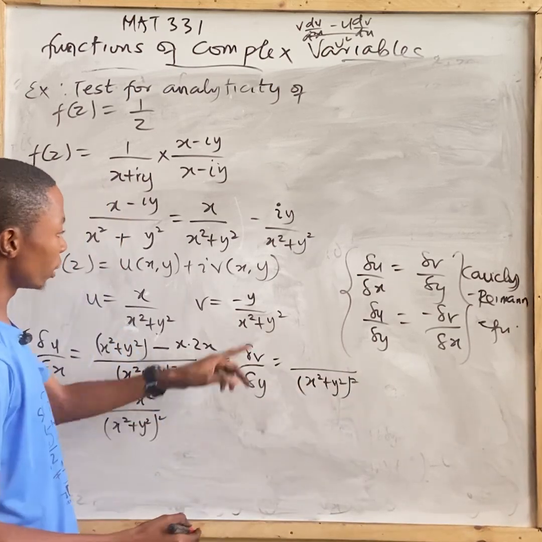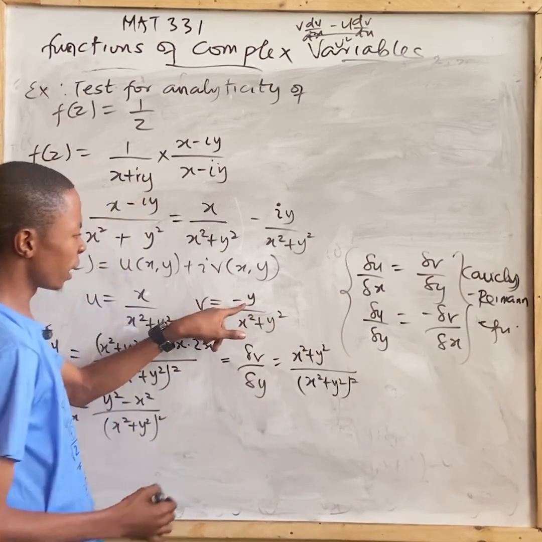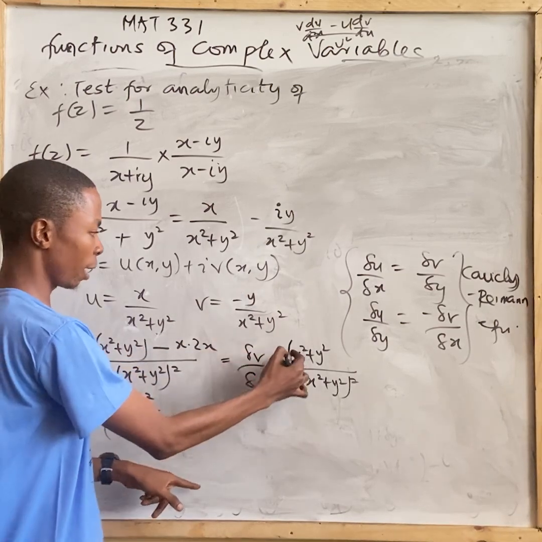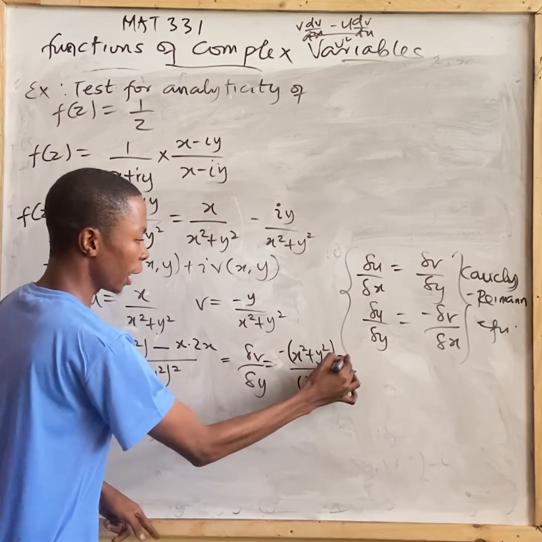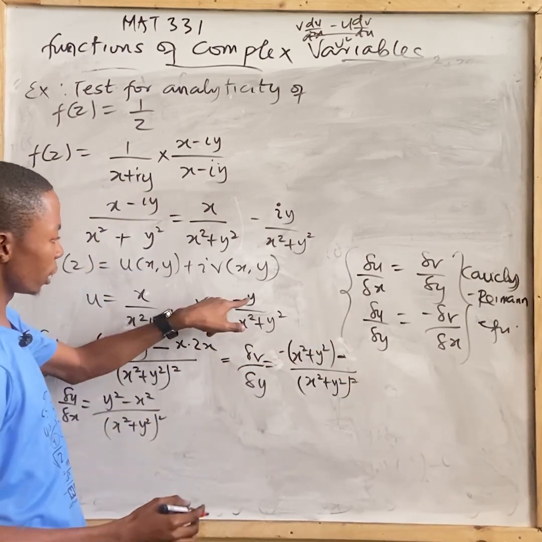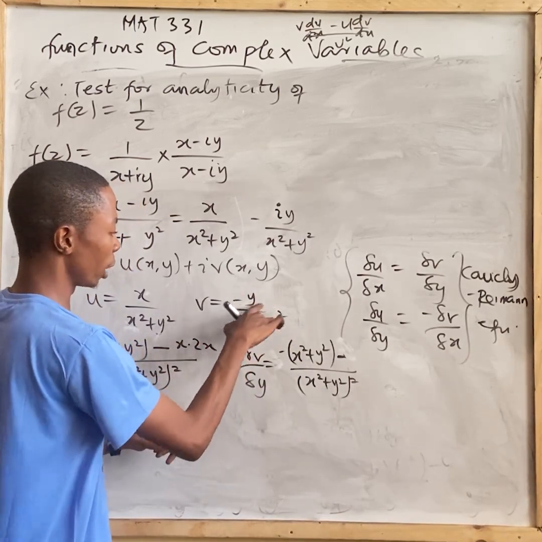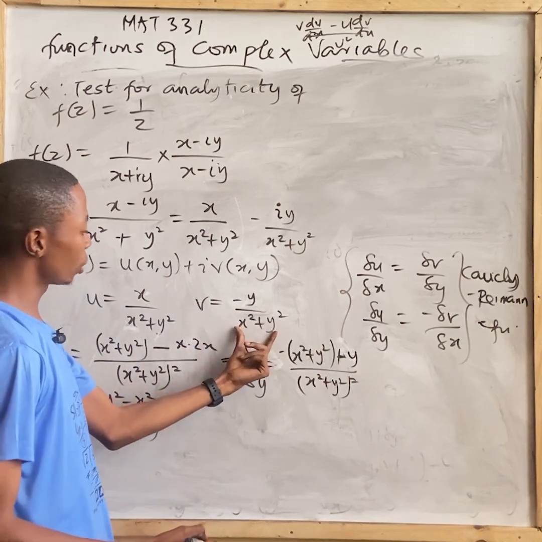The first one is v du. This is v, x squared plus y squared. Differentiate this one partially with respect to y. If I differentiate minus y, that has minus 1. Minus is here. Minus u dv. This is u now. u is also a negative expression, so it will now be plus y, dv, differentiate this one with respect to y.